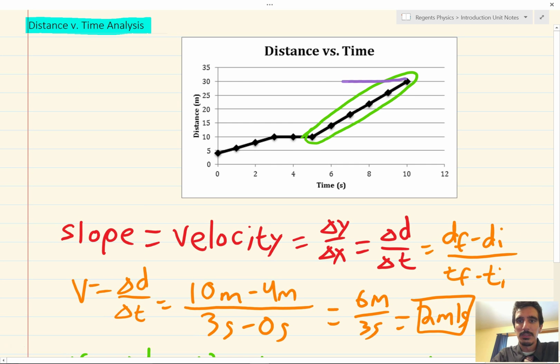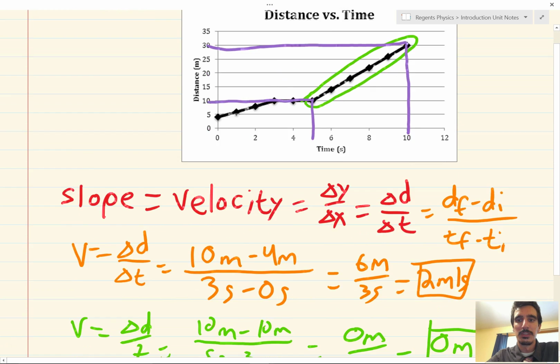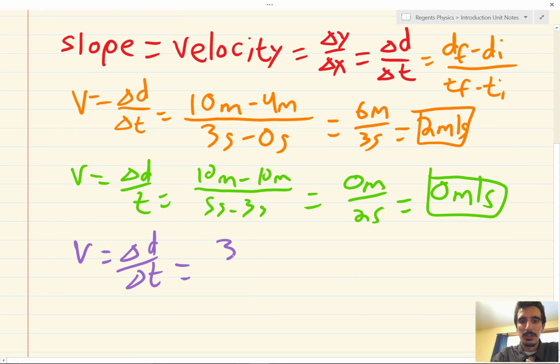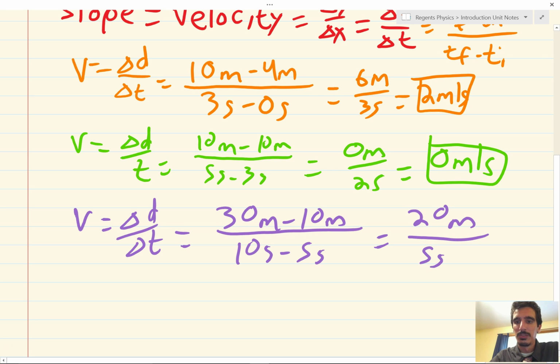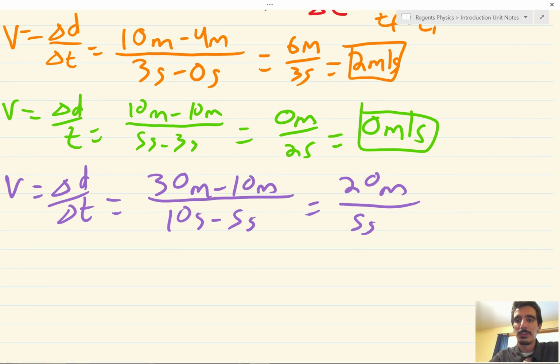We end up at 30 meters, and we start out at 10 meters, and our time goes from 5 seconds over to 10 seconds. So 30 meters minus 10 meters over 10 seconds minus 5 seconds. That gives us 20 meters over 5 seconds. 20 divided by 5 is 4 meters per second.